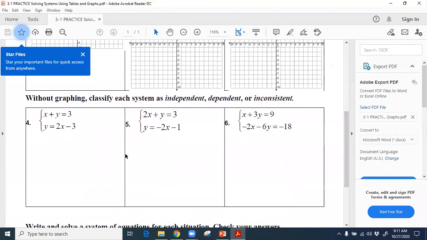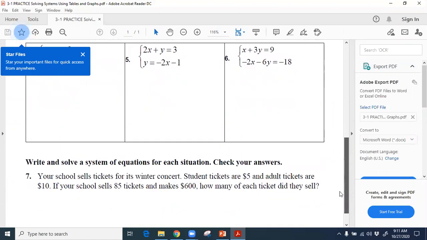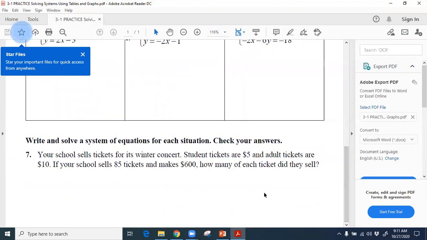Here, you're not graphing, you're just classifying. So whether it's independent, dependent, or consistent. So are they intersecting? Are they parallel? Or are they coinciding? And then your last problem is you're writing a system and finding your answer. And that's it.